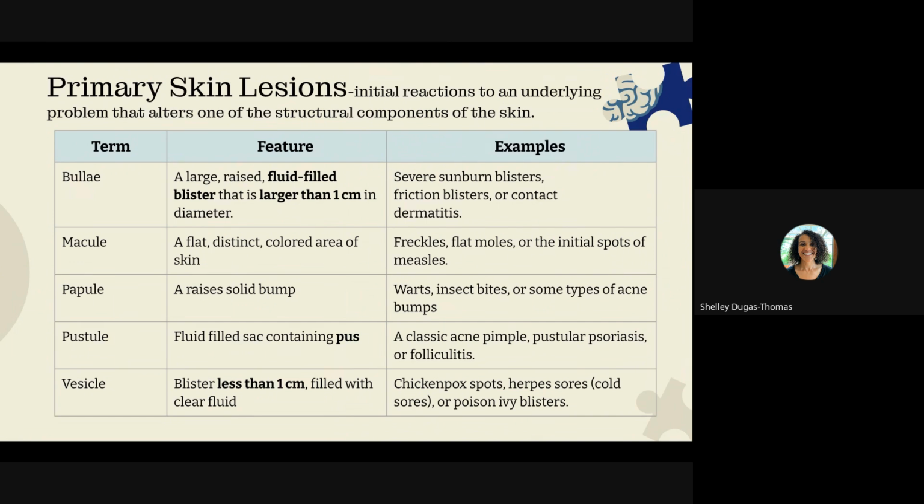It changes skin color but has no texture. A papule is a solid raised bump up to 1 centimeter. There's no fluid inside. A pustule is a distinct raised pocket containing pus. A vesicle is a small, clear, fluid-filled blister under 1 centimeter. So, for instance, like chicken pox or a herpes blister.